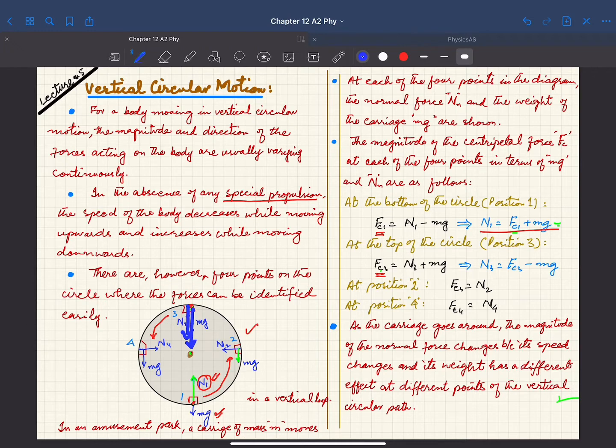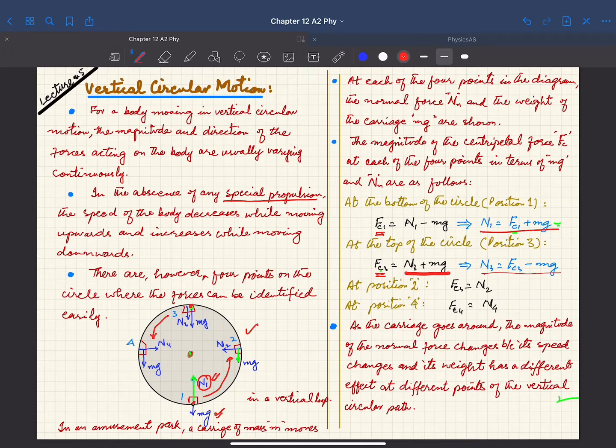So the centripetal force will be equal to N3 plus mg. And if you want to find the normal reaction, it is the centripetal force minus mg.